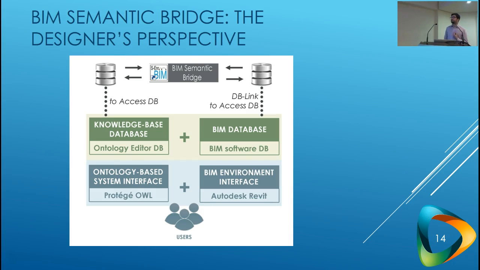The general idea is to have a designer who is not working anymore just in a BIM environment, but in a connected knowledge-based environment developed through ontologies with a good interface, and behind it there are these two knowledge bases, and the BIM semantic bridge application provides coherence among these two databases.